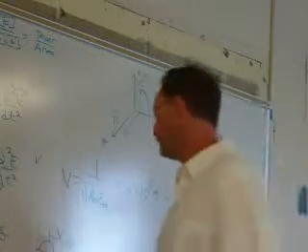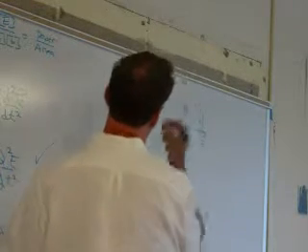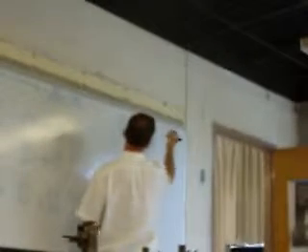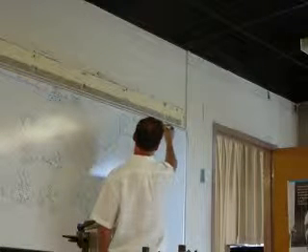Okay? So, I guess I didn't write out the solutions for these. The solutions equal E0 e to the i(kx minus omega t) in the x-hat direction.